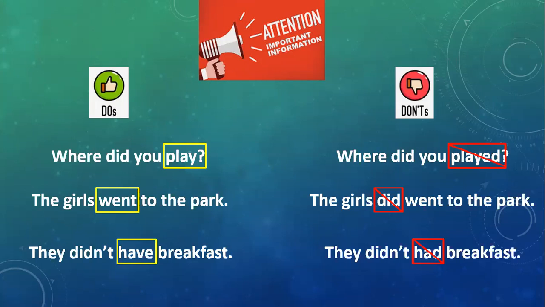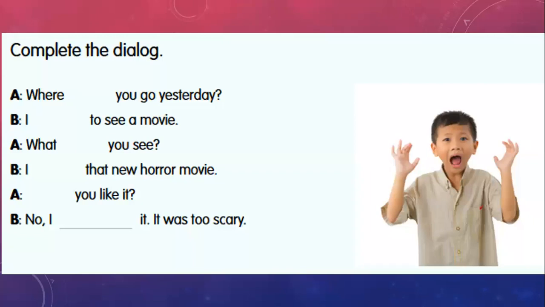Now, let's practice with a dialogue. In the first part, with person A, we have "Where blank you go yesterday?" This is a question. With a question, we have to use did. Then person B continues the conversation by saying, "I blank to see a movie."